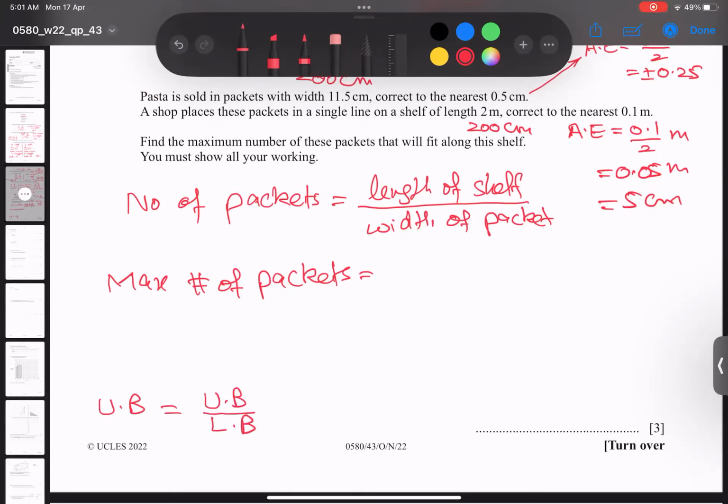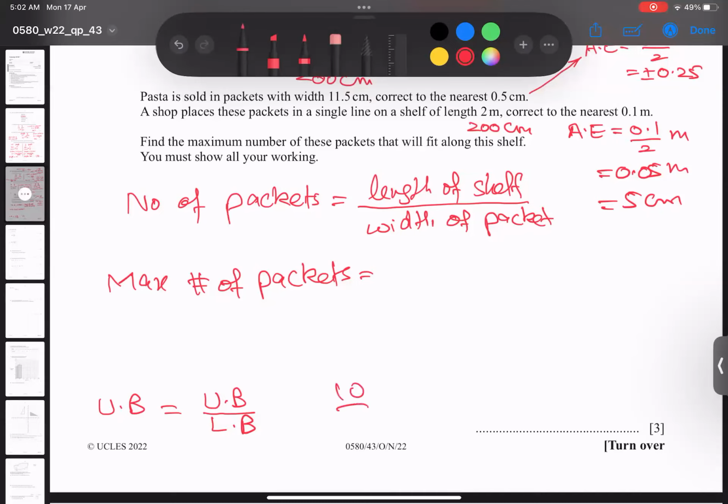Whenever we need more values, for example, 10 by 1 gives you 10, and 10 by 10 gives you 1. I give you this example to understand.